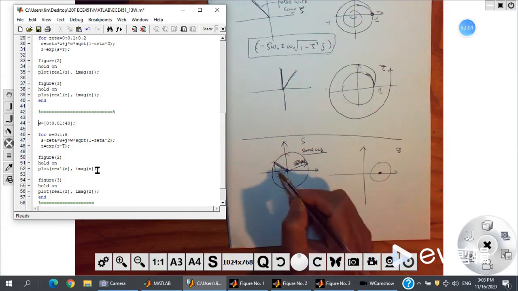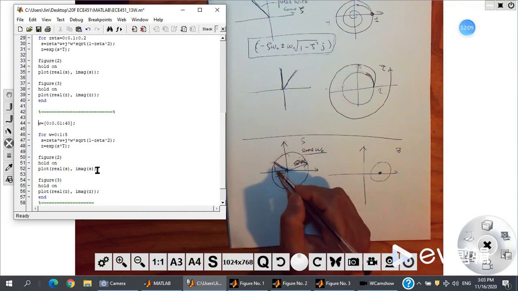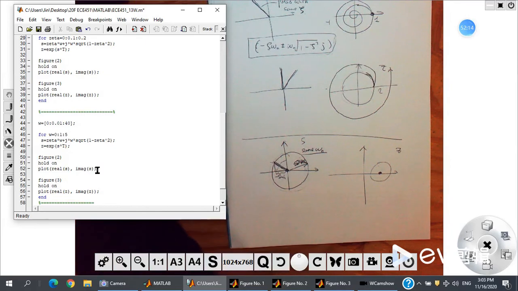So now zeta will run from 0 to 1. Now for S, it is negative zeta omega plus j omega square root of one minus zeta squared.